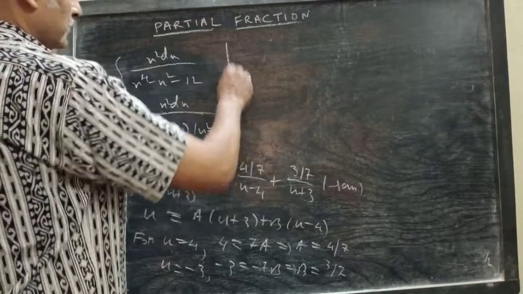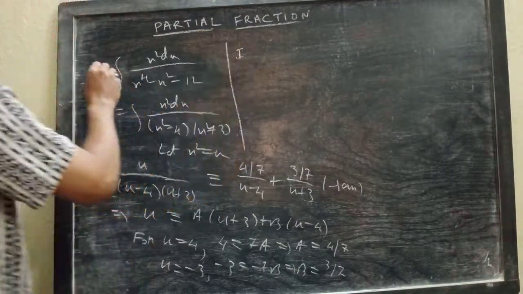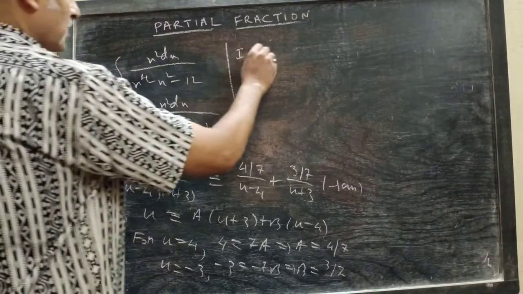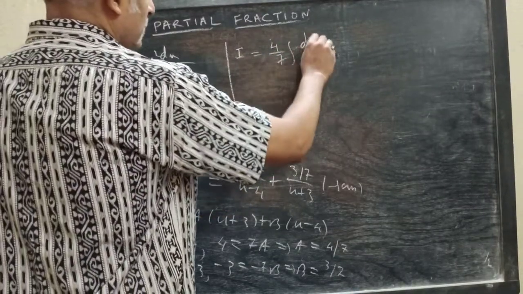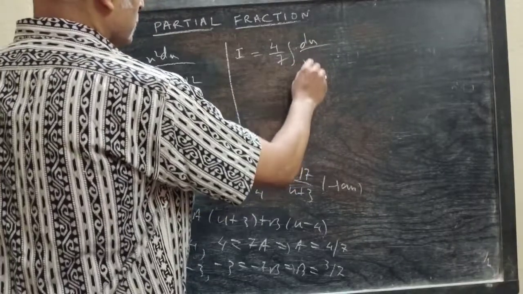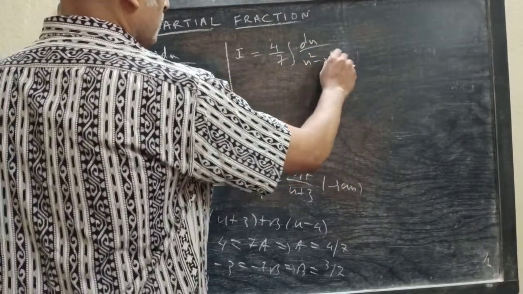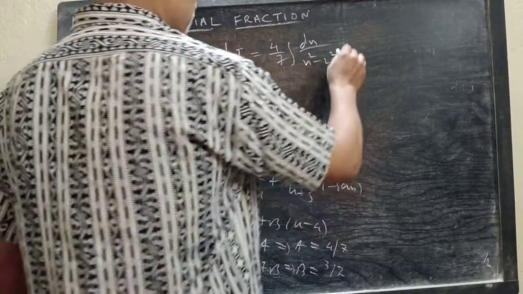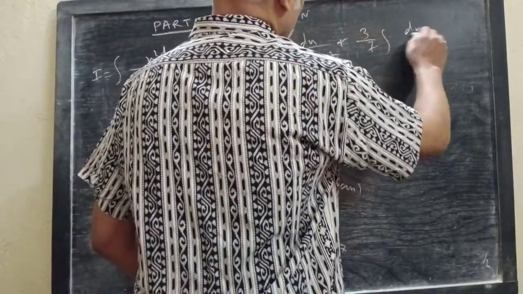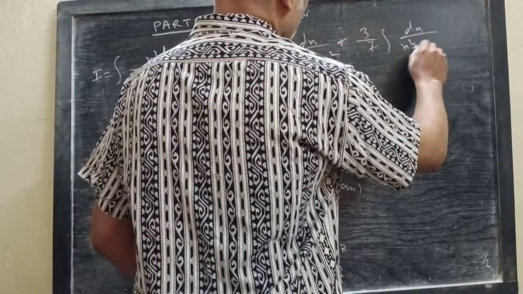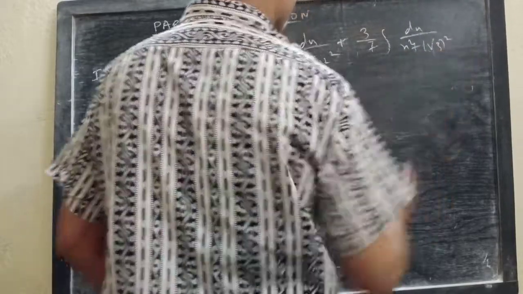So our given integral I becomes 4 by 7 integration dx by x square minus 2 square, plus 3 by 7 integration dx by x square plus root 3 square.